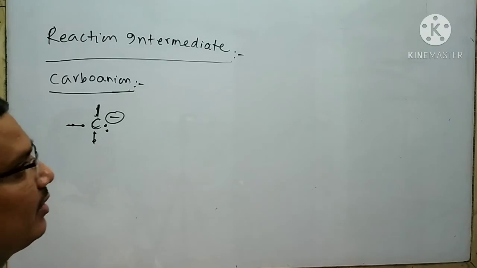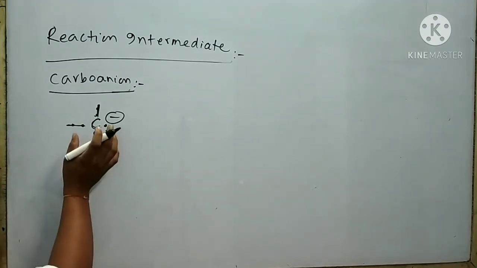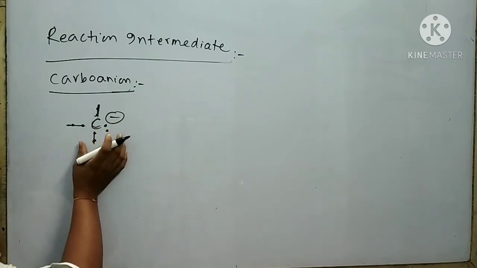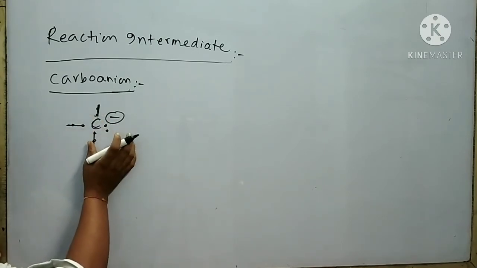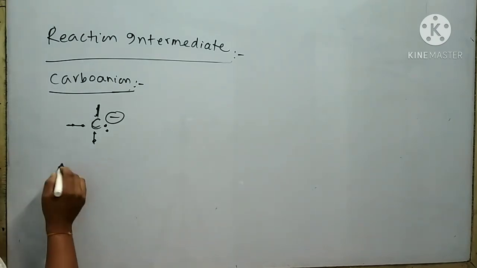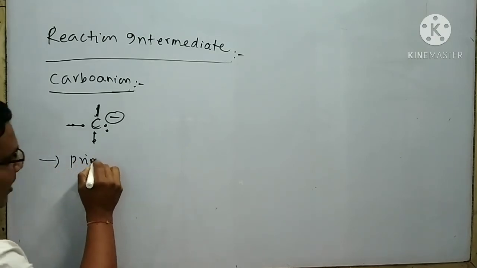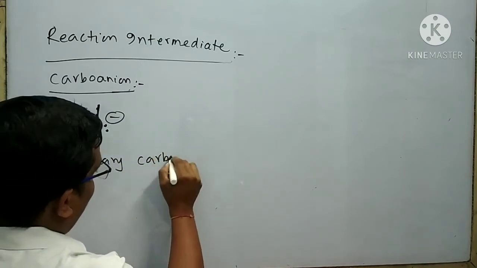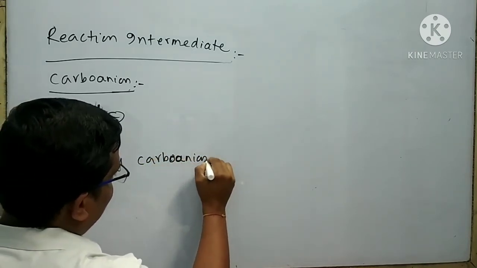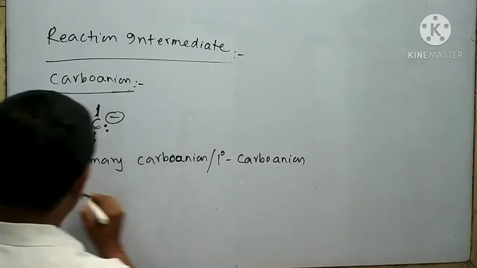So I can define carbanion like this. It is defined as a group of atoms which contain a negatively charged carbon atom having 8 electrons in its valence shell. There are generally three types of carbanion: number one is primary carbanion, also called 1 degree carbanion.